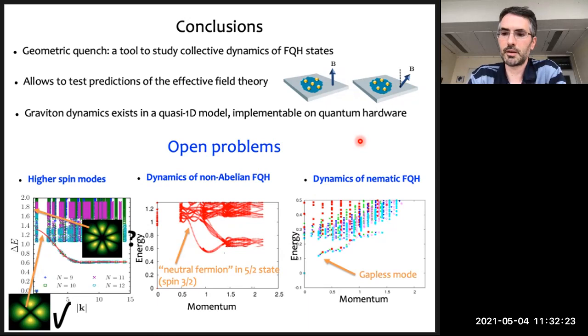If you look at the spectral function for this octupolar one, it doesn't have only one peak at high energies. There's a doublet of peaks.